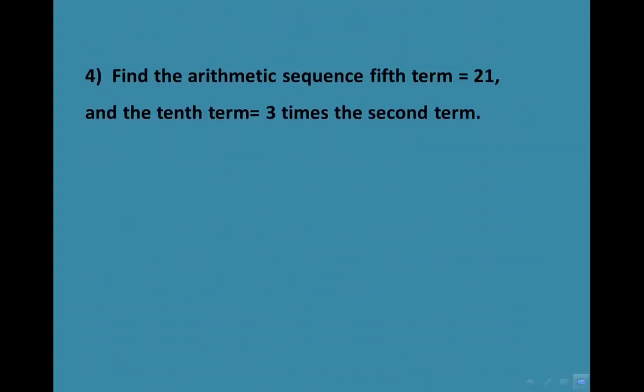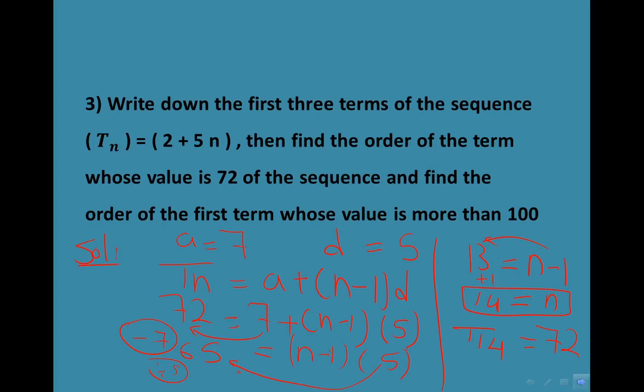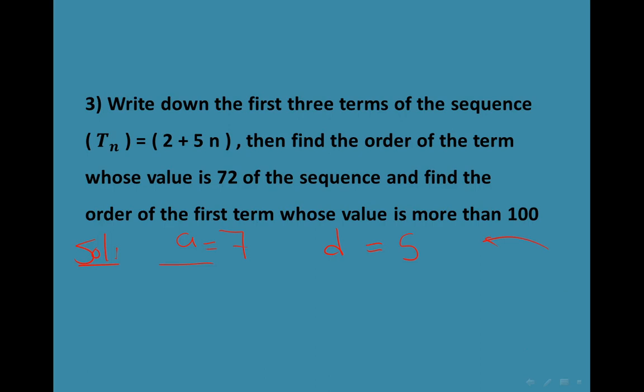Find the order of the term whose value is more than 100. I'll erase this part. Since Tn is more than 100, A plus n minus 1 multiplied by d is more than 100.